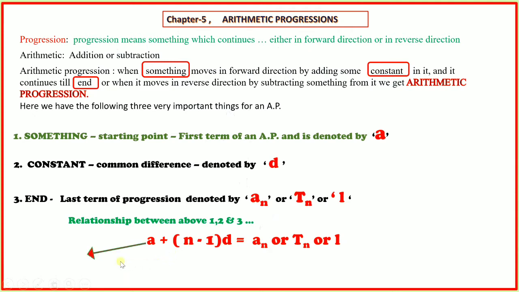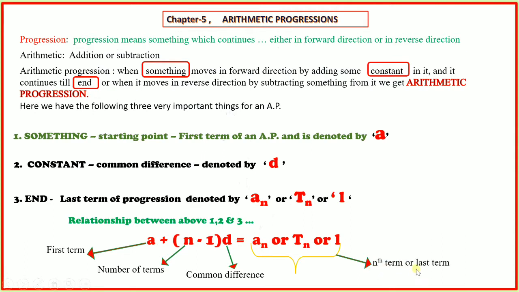So a is the first term, n is the number of terms involved in that AP, d is called the common difference, and a_n or t_n or l is called the last term or nth term of an AP.